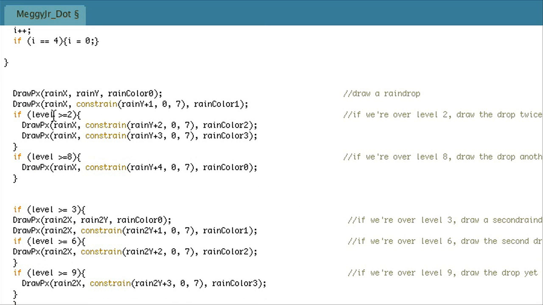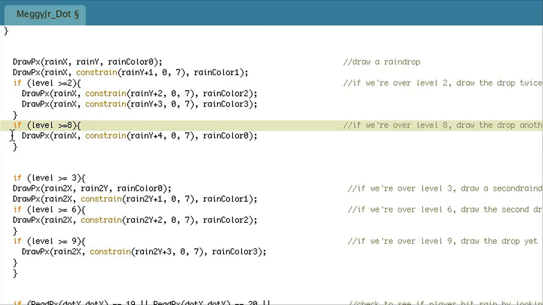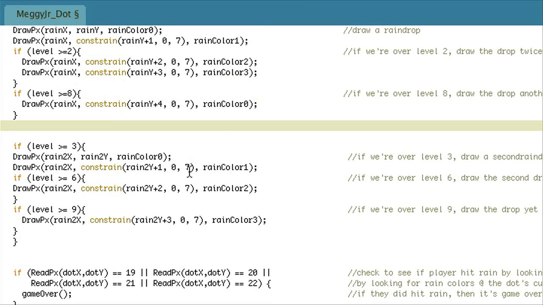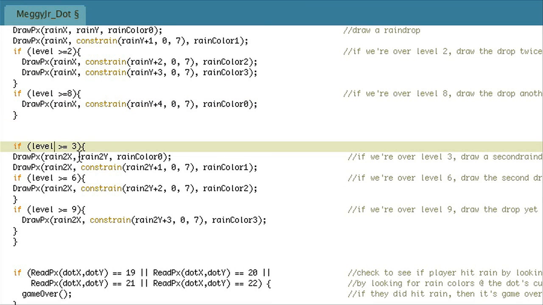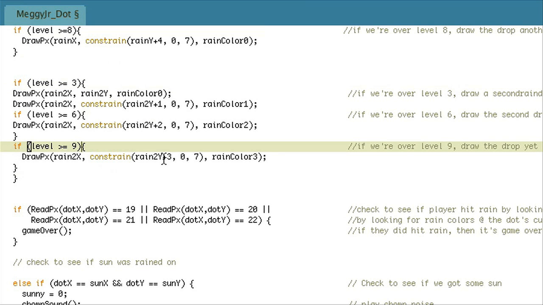And I also say if we're above or on level 2, we make the raindrop bigger. Level 8, we make it even bigger. And if we're above or on level 3, we draw a second raindrop and make that bigger with higher levels.